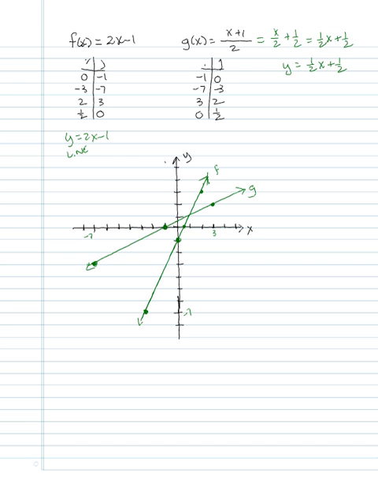But consider the line, graph the line y equal x. And so, of course, what does that look like if y is equal to x? Well, if we choose x to be 0, y is 0. If we choose x to be 1, y is 1. If we choose x to be 2, y is 2. If we choose x to be negative 1, y is negative 1.